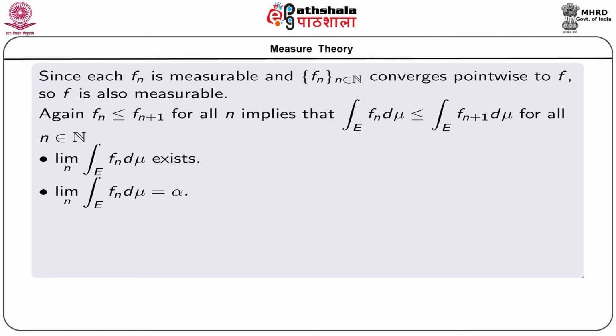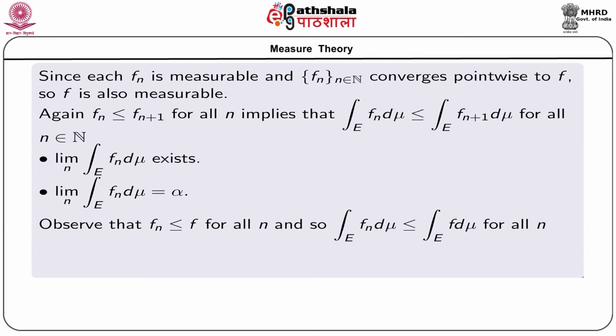So, suppose that limit n integral Fn dμ over E, this limit is equal to the real number alpha. Observe that Fn is less or equal to f, because we know that for a monotonically increasing sequence of real numbers, its limit is the supremum of those real numbers.